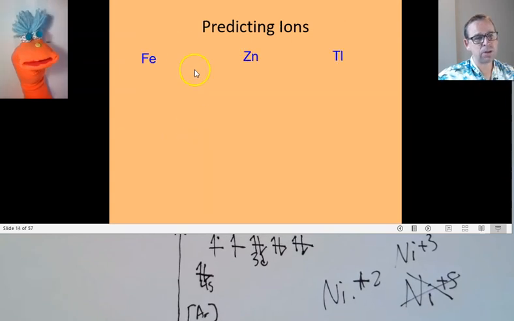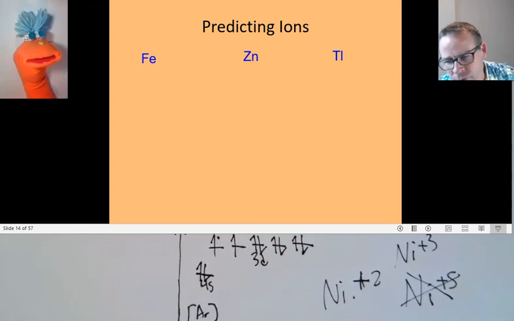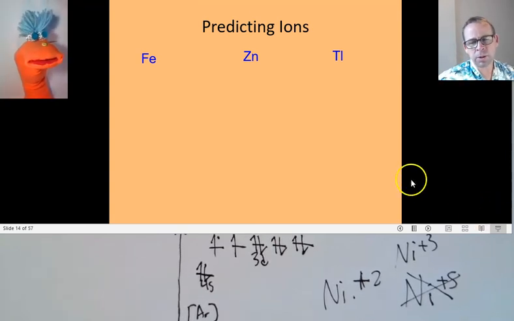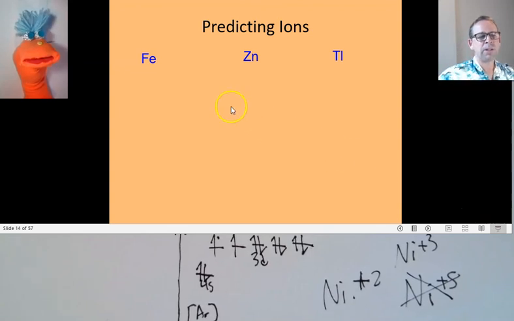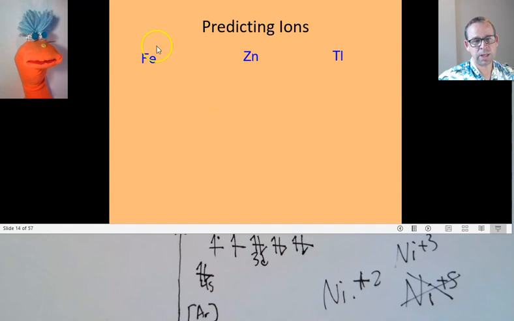All right, so these are opportunities for you at home to predict the ions of iron, zinc, and thallium, Tl. Thallium is element 81, zinc element 30, iron element 26. So I'm going to let you work on this at home, and then when you're done, we'll go through it together.